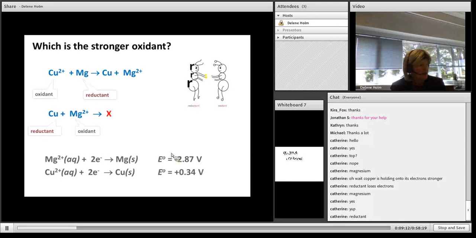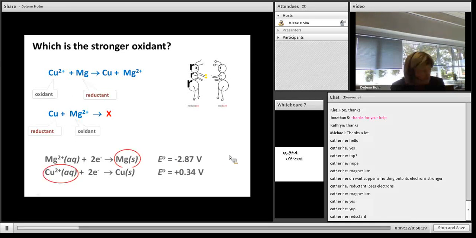If I have a weaker reductant, it does mean that the oxidant would also be weaker as well, it doesn't work.